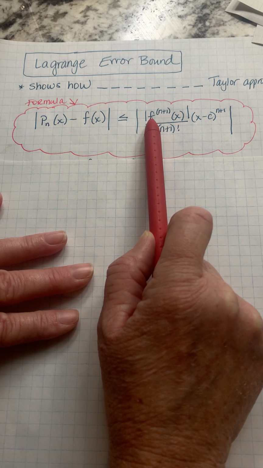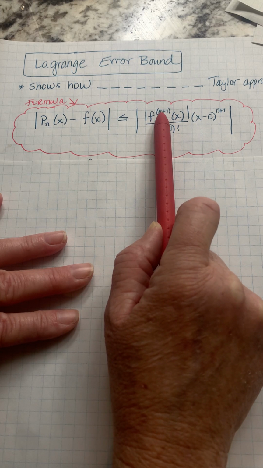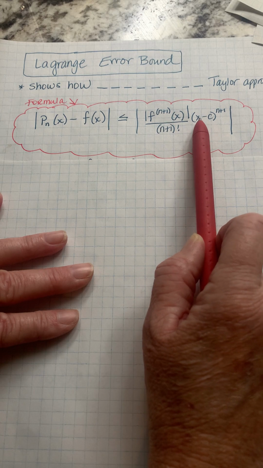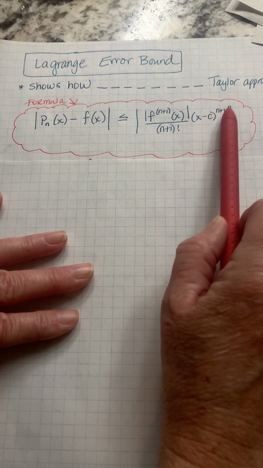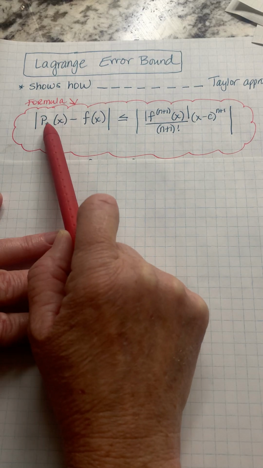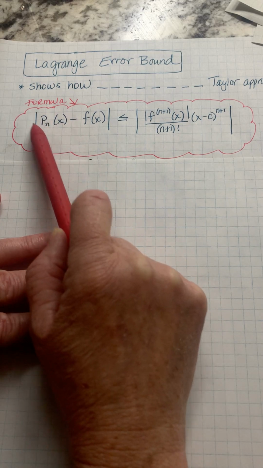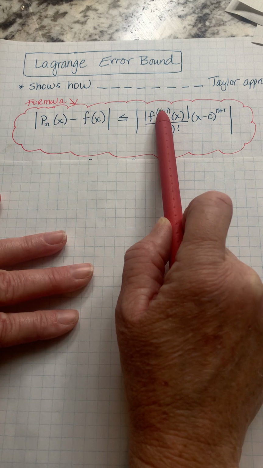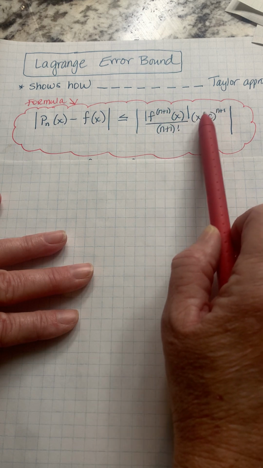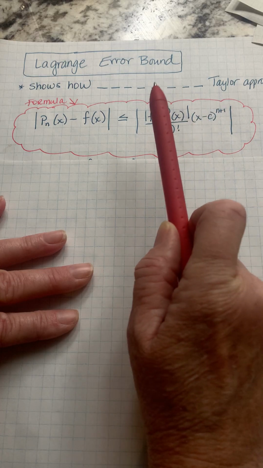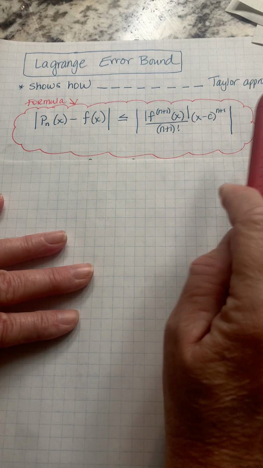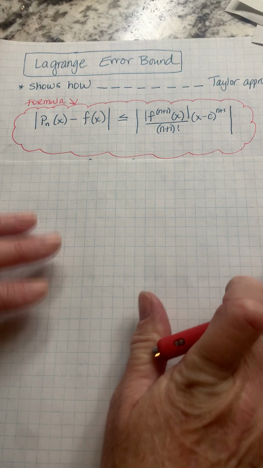So you're going to be using f to the 5th, meaning the 5th derivative of x, all over 5 factorial, and then x minus whatever the center is to the 5th. So that's the main thing about Lagrange. Let's say this is the 3rd, then this is going to be the 4th derivative over 4 factorial, and this will be raised to the 4th. So you look at the next term. That's what you look at, okay?